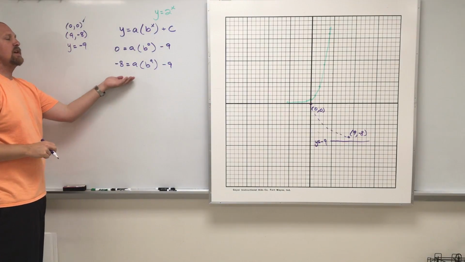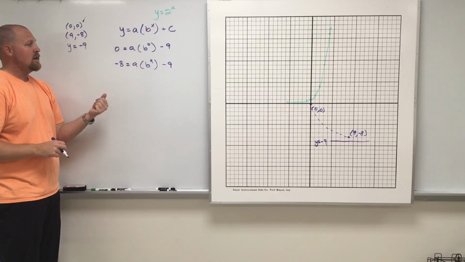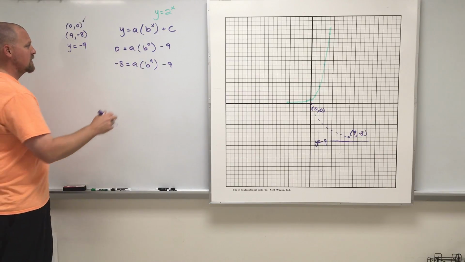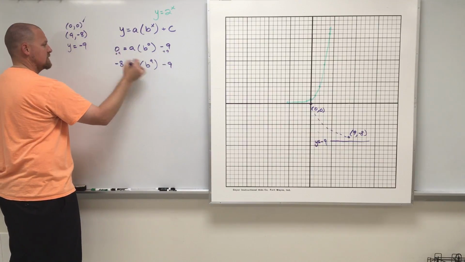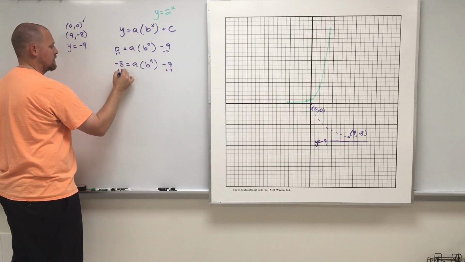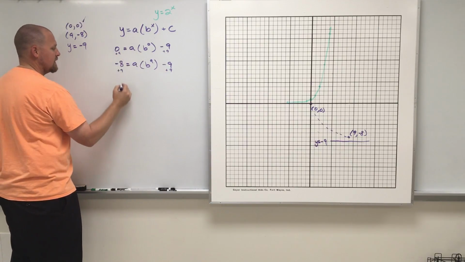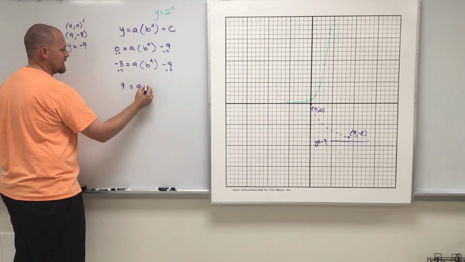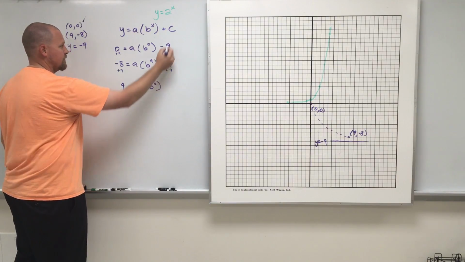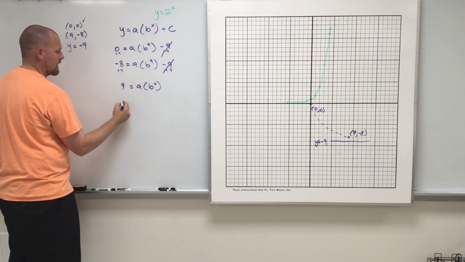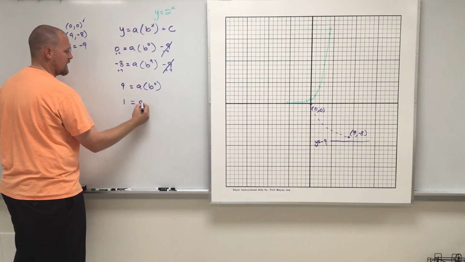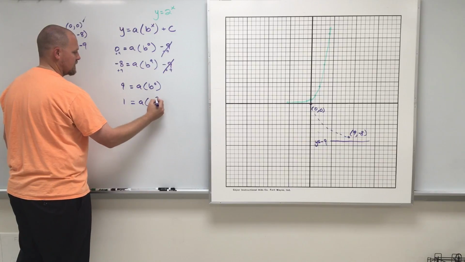Now I need to simplify this and get a and b all by themselves. So I'm going to add 9 to both sides, and I get 9 equals a times b to the 0. That's this equation. And then I get 1 is equal to a times b to the 9th.